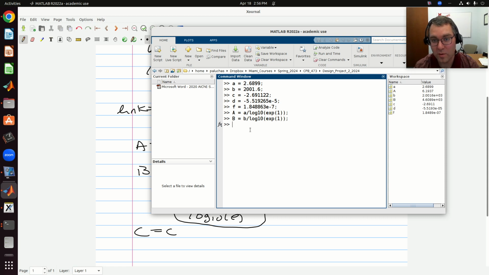Big C is just going to be equal to little c. Big D is going to be little d divided by log base 10 of the exponential of 1. And big E is going to be F, just so I didn't confuse anything with E, F divided by log base 10 of e. Now I've got my constants.